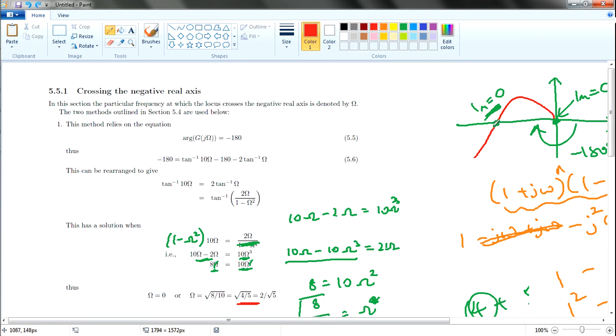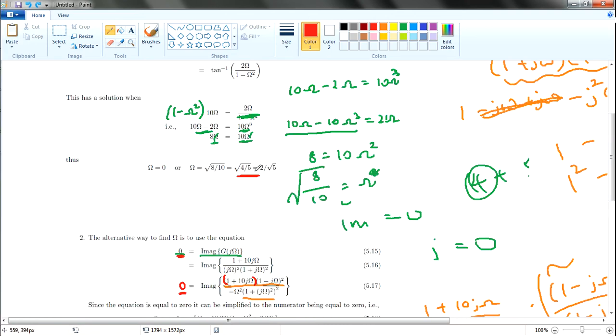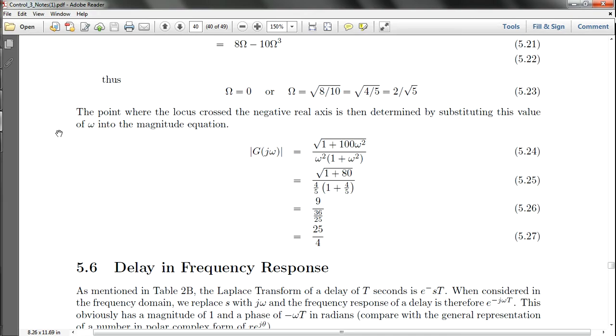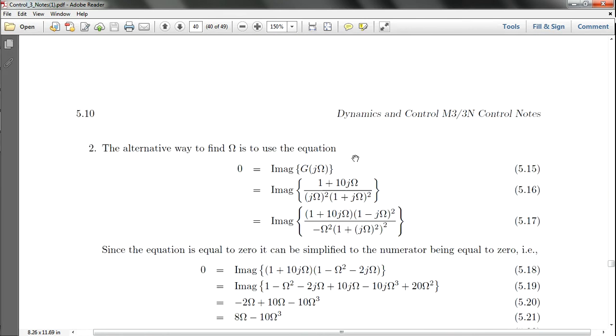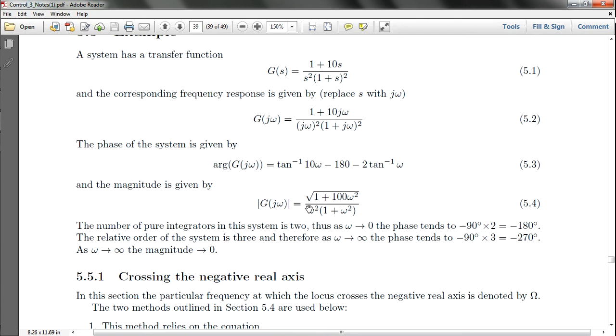In order to find that, we can sub it into our transfer function. Our transfer function, as you remember, is this one over here. After we go through this and rearrange, you just sub in s equals j omega.